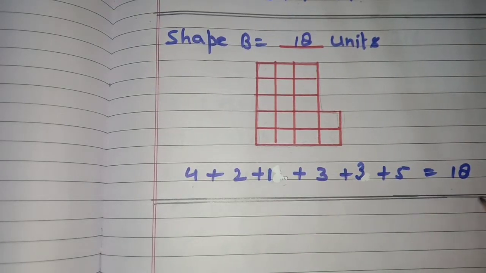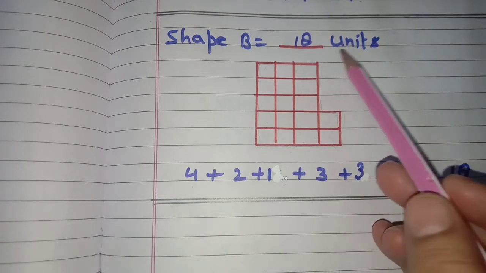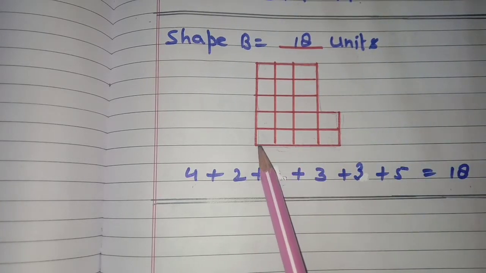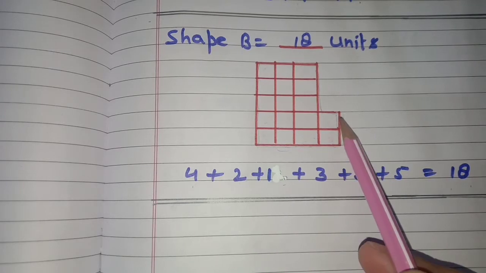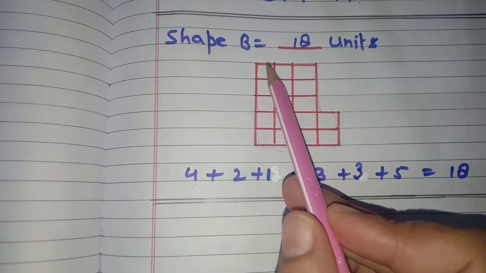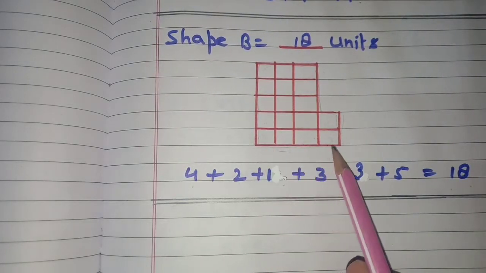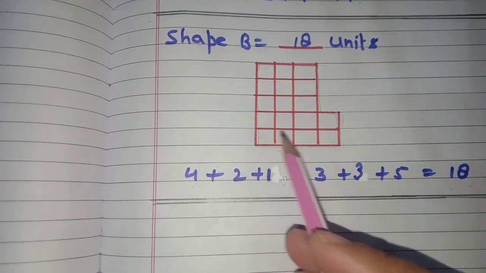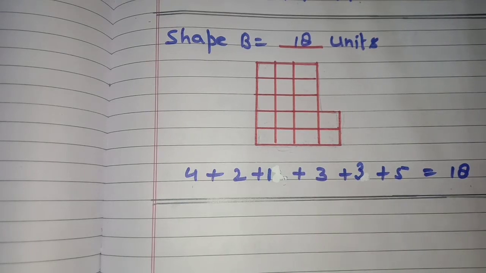So what is the perimeter? 18 means 18 units. So here 4, then 2, here 1, then again 3, again 3 and then 5, and when we add all these sides of these squares we will get the perimeter.